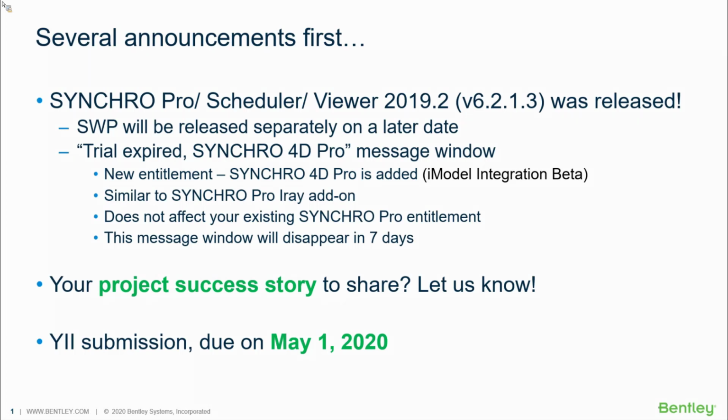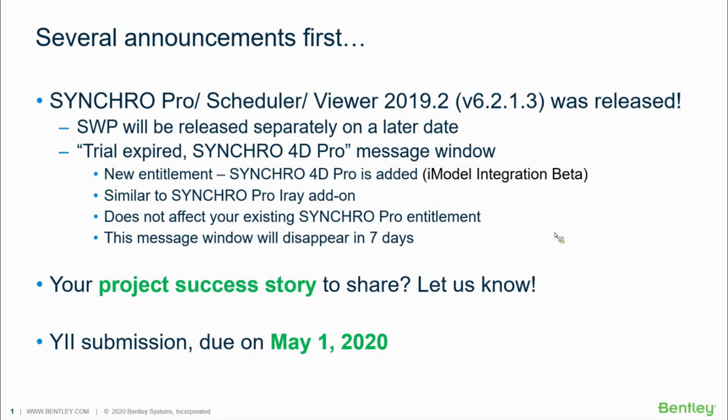Therefore, if you have a project that you're using SYNCHRO Workgroup Project on, please hold your Pro upgrade until SWP is released, and then you can upgrade both, because we do require those products to be on the same version to work together.